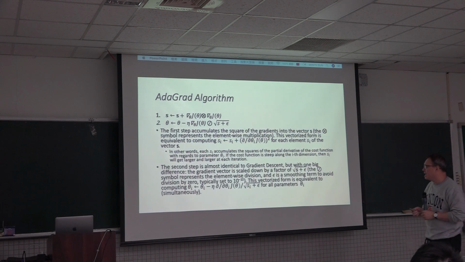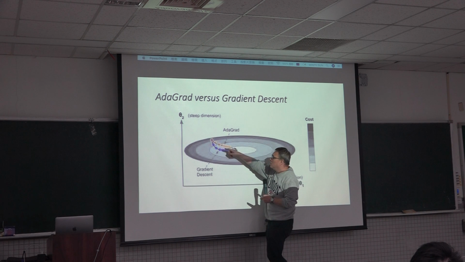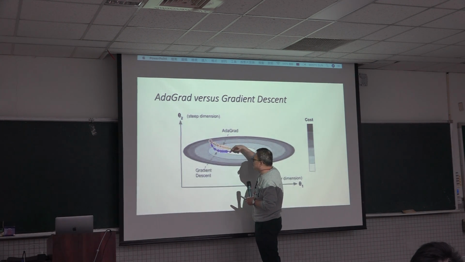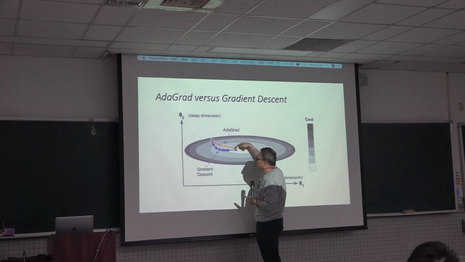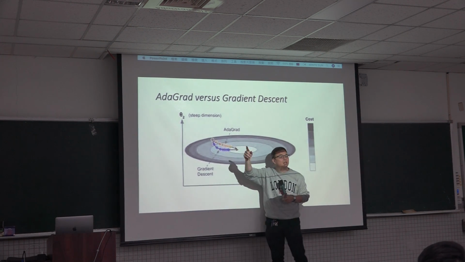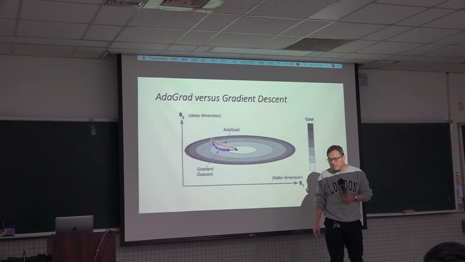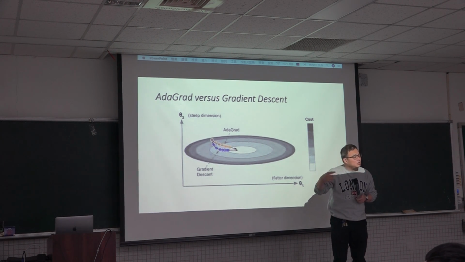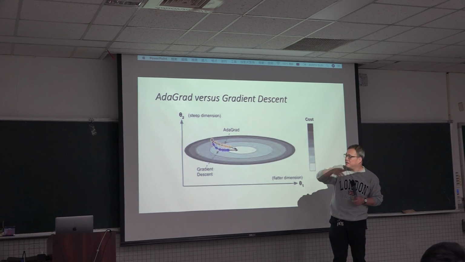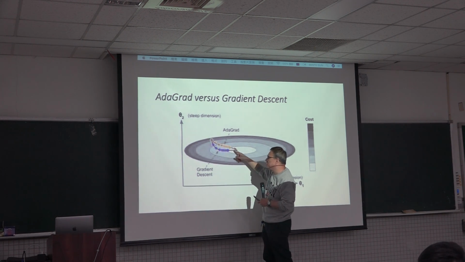Let me show you. It's like this. I told you this one takes a longer time because it's a curve. The momentum optimization is still a curve, but the curvature is not as big as this one.